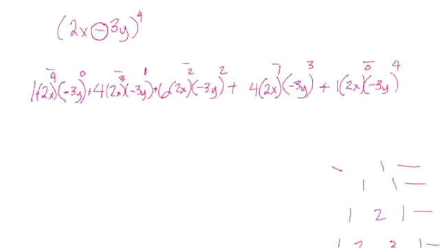Okay, now this is the tough part. Setting it up using Pascal's triangle and making the first term decrease and then making the second term increase, that's a snap. The hard part is figuring out what is going to happen here.